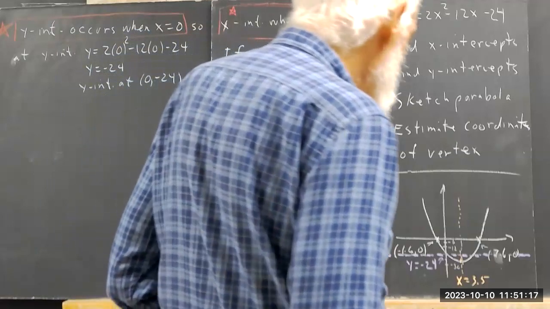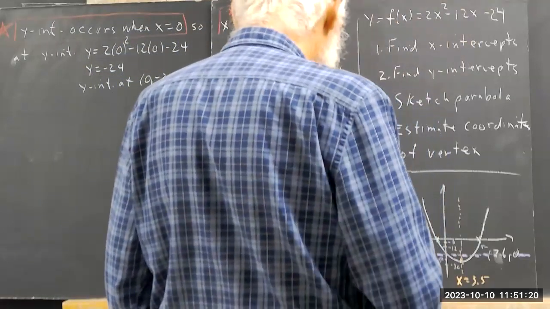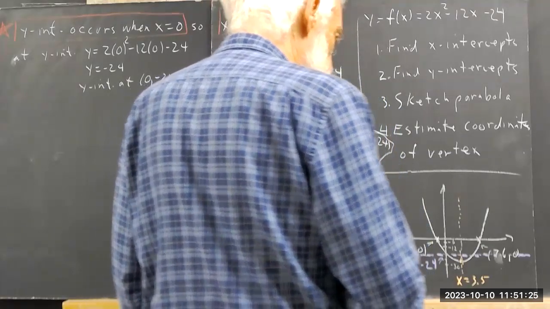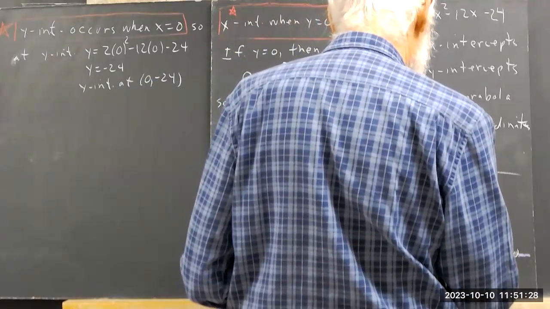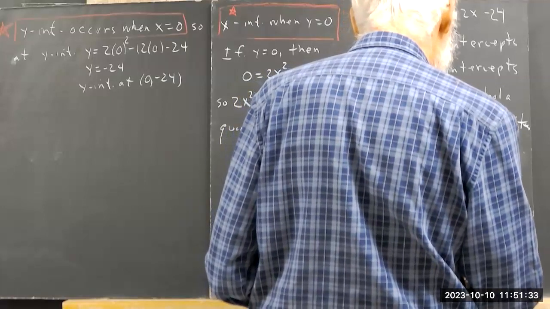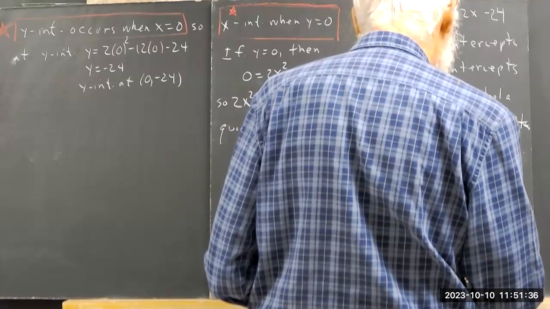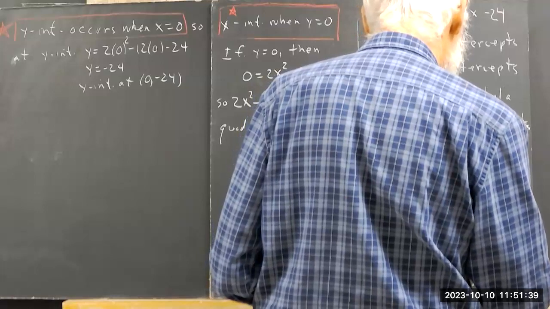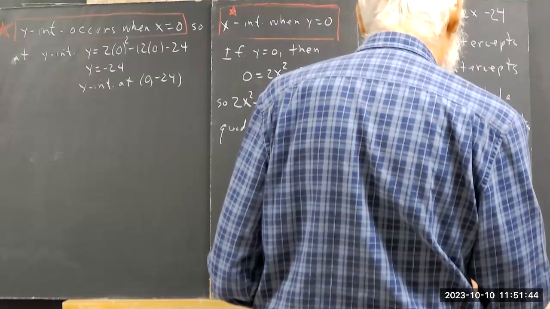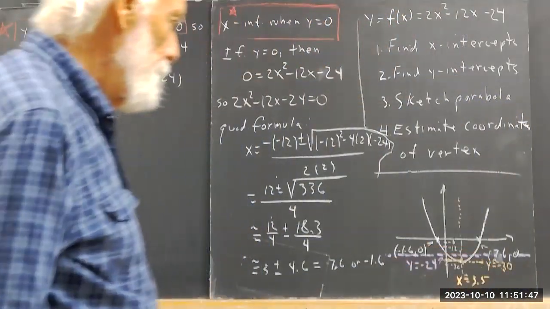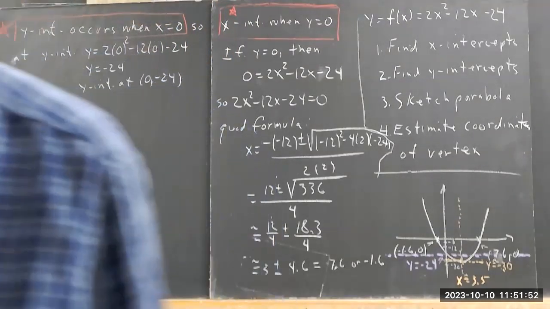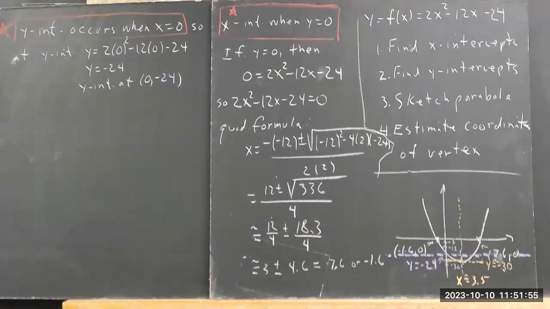According to my scale, it looks like on the horizontal line through the vertex, y is approximately equal to negative 30. Okay. Now, see what your estimates are.